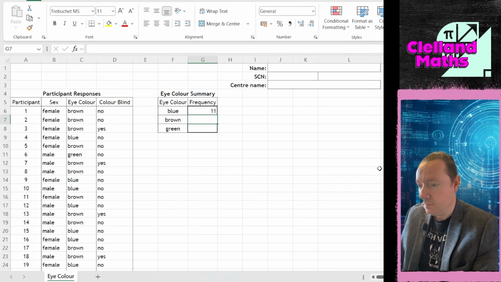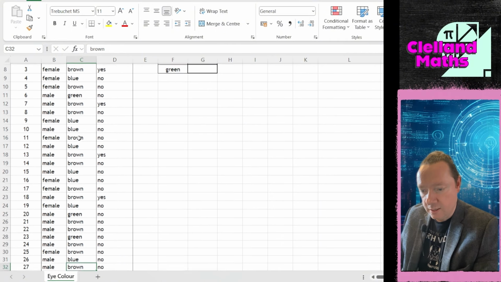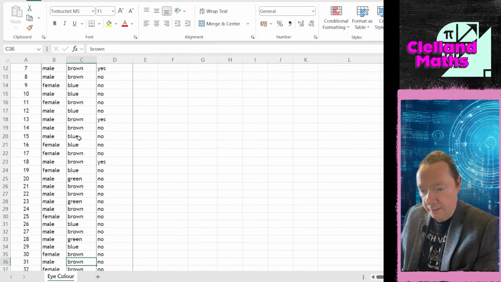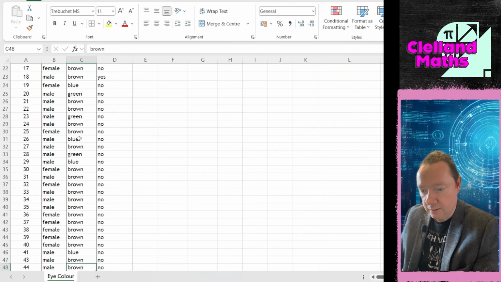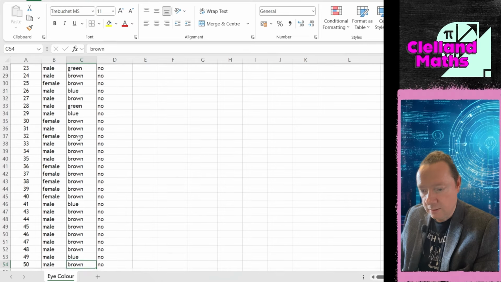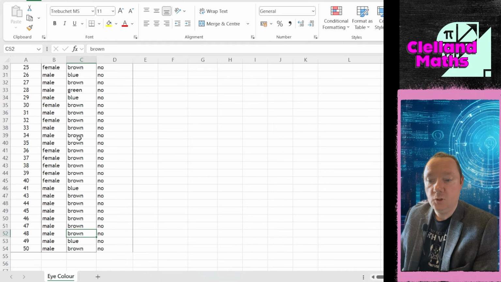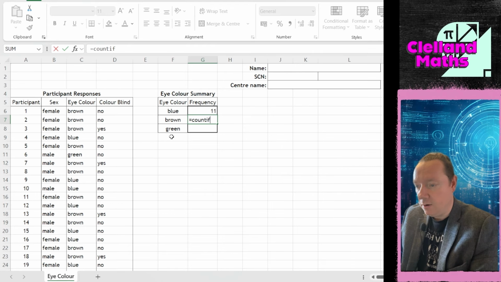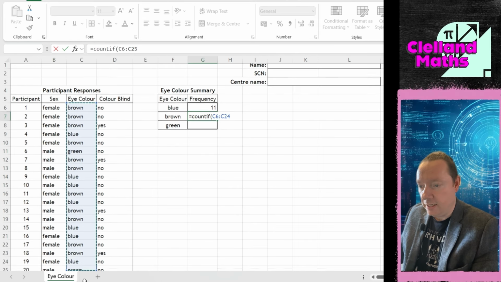Close your bracket, press enter, and you get 11. Let's just check that. 1, 2, 3, 4, 5, 6, 7, 8, 9, 10, 11. So we've got 11 there. Same command again, COUNTIF, same range.